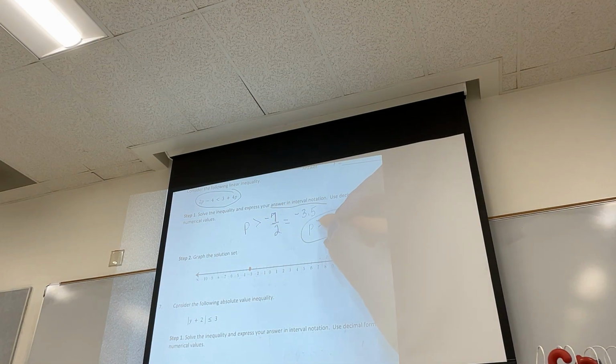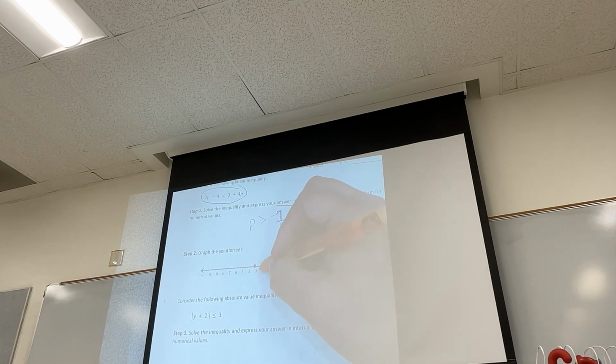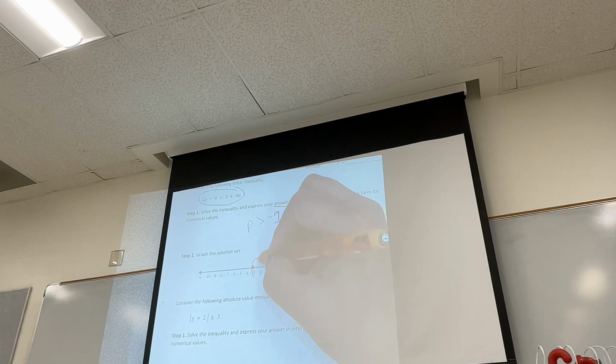Now, this inequality symbol doesn't have an equal bar, so I'm going to have a parenthesis there. Agreed? Which direction? I want the p's greater, yes? So my parenthesis needs to go to the right. And I want everything greater. So once I do my graph, isn't that easier to pull off our interval notation?